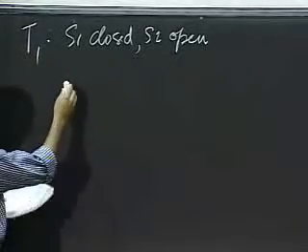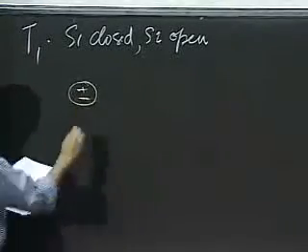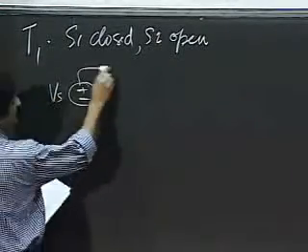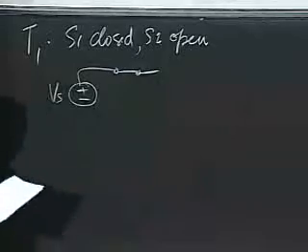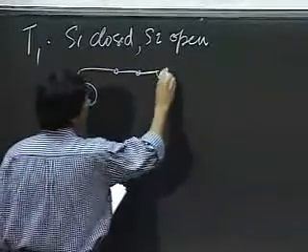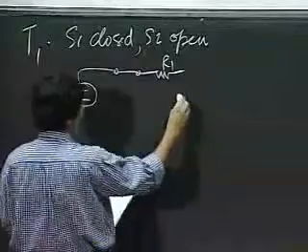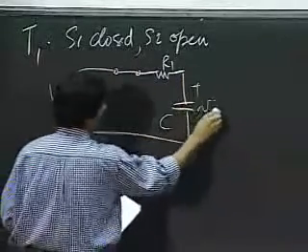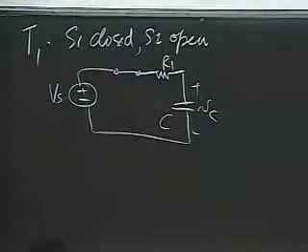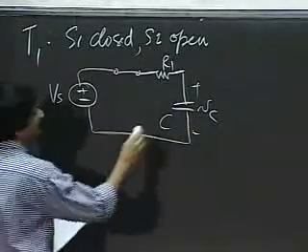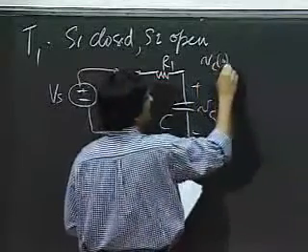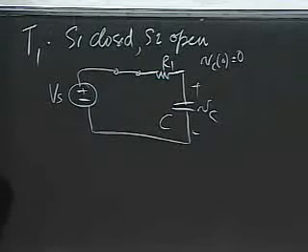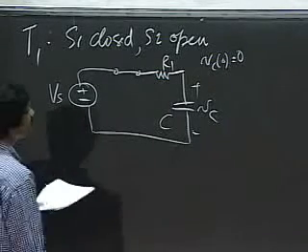Accordingly, the circuit that applies looks like this. Vs, S1 is closed. So that's closed. And I have this resistance R1. I have this capacitance C, some voltage Vc across the capacitor. Okay, you can go ahead and assume that Vc of 0 is 0, that I start off with no charge, with no voltage across the capacitor.